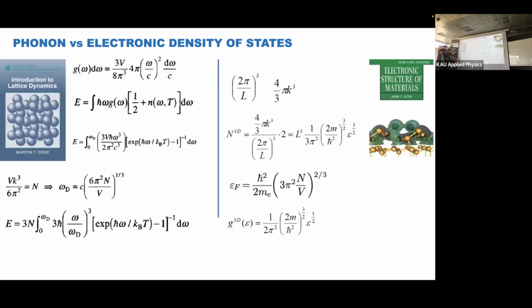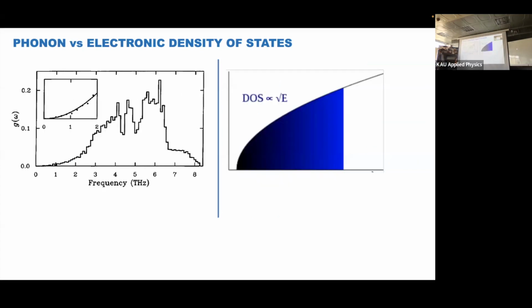We can say that our frequency is too low, and then from this equation we'll get a quadratic law. For bigger frequencies, our DOS is more complex. Overall the logic of this phonon DOS is the same as for electronic DOS.